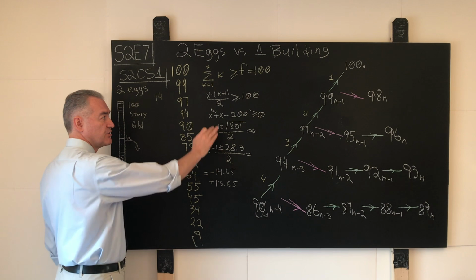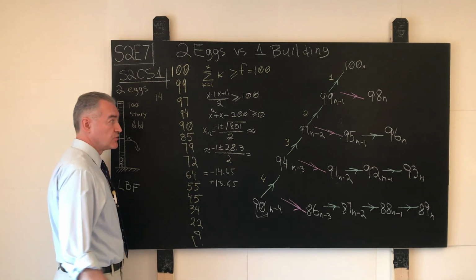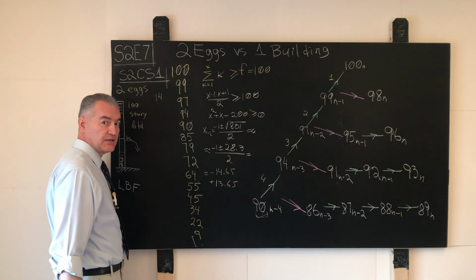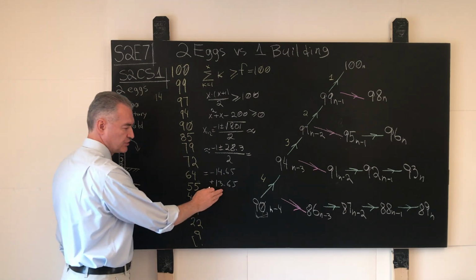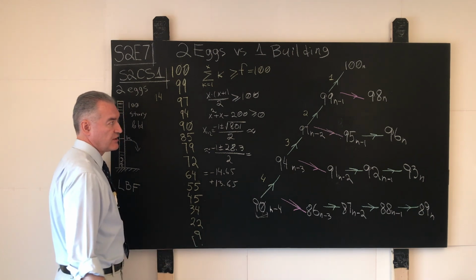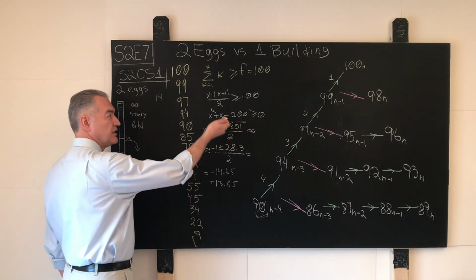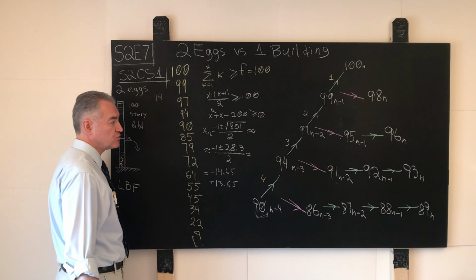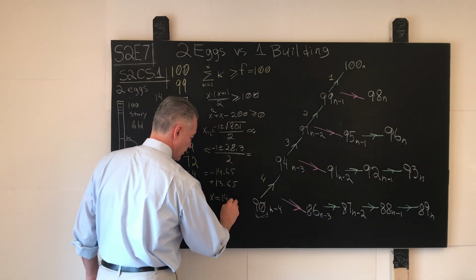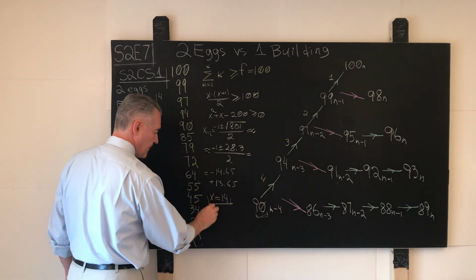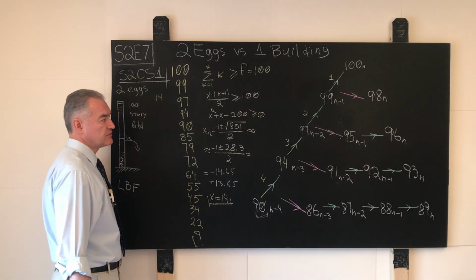But because this inequality needs to be solved over the set of positive integers, the smallest integer that, when plugged into that inequality, will make it true will be 14, and this is our number.